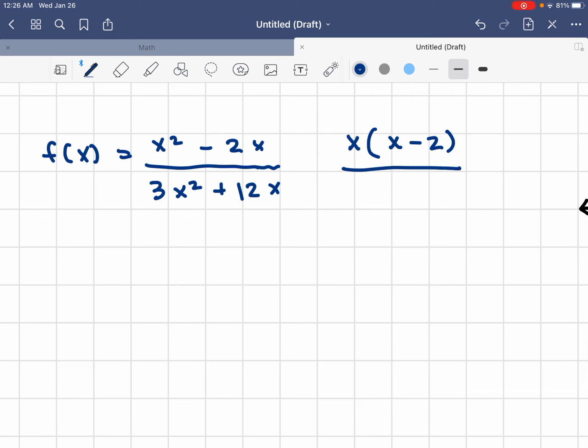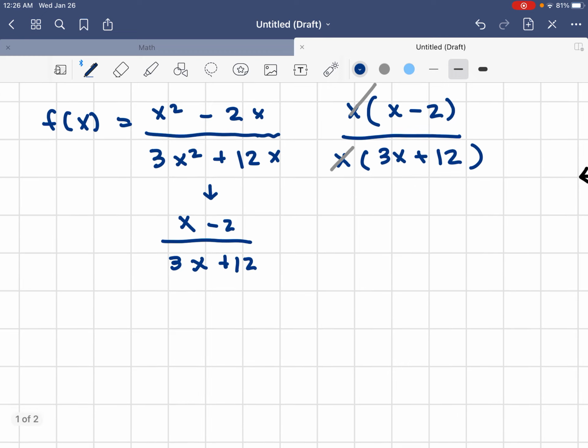And on the bottom, we're going to factor out x. Okay, and so when we do this, we can cancel out our x. And so let's rewrite our simplified function, which is now x minus 2 over 3x plus 12.